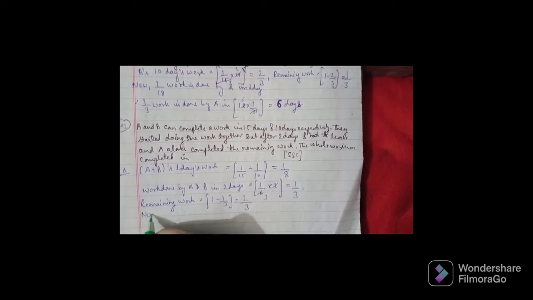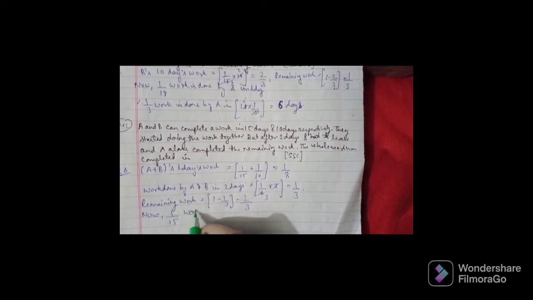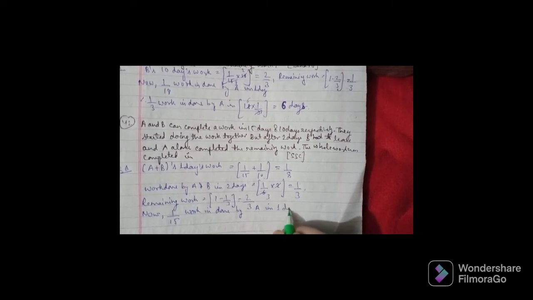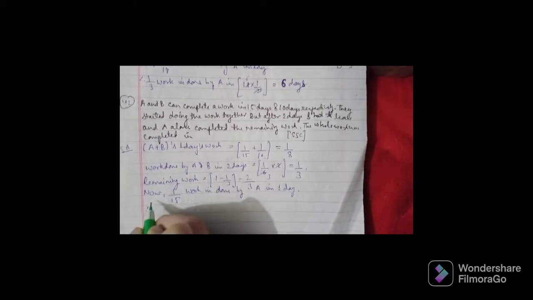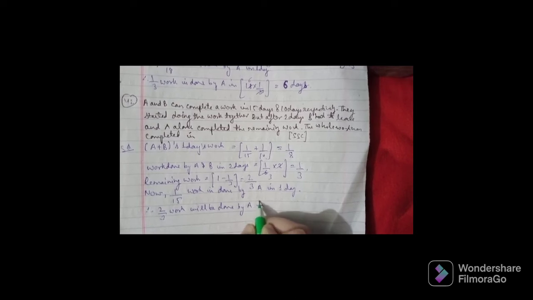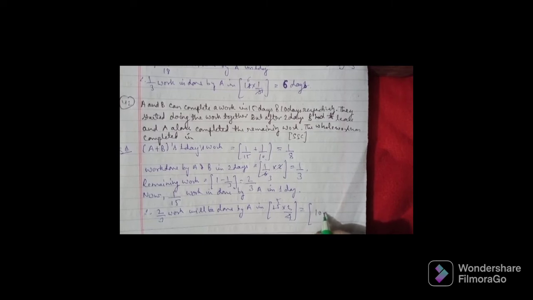Now 1 by 15 work is done by A in 1 day. 2 by 3 work will be done by A in 15 into 2 by 3 days. 3 1s are 3, 3 5s are 15, that is 5 into 2, that is 10 days.